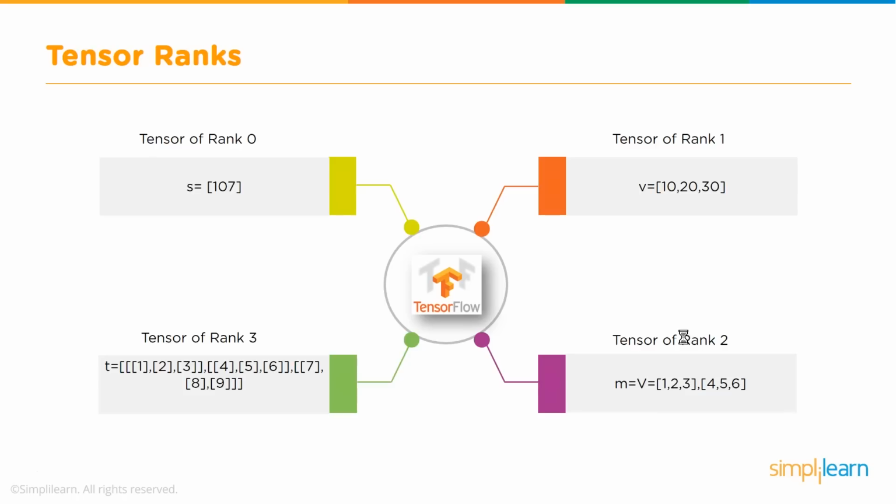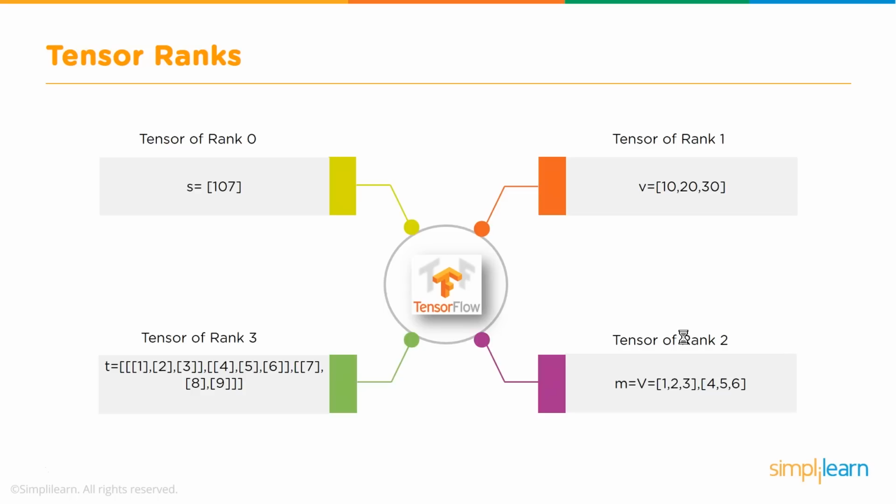There are certain terms, for example, ranks of a tensor. The rank of a tensor is like its dimensionality in a way. So if it is a scalar, just one number, the rank is 0. Then it can be a one-dimensional vector, in which case the rank is 1.